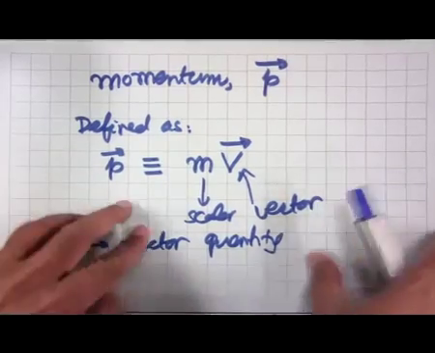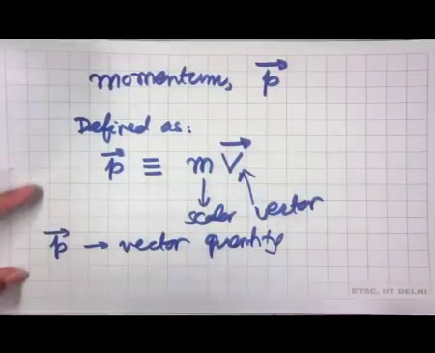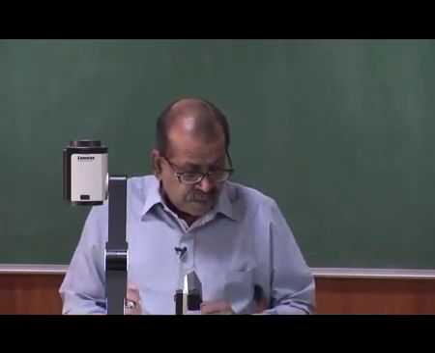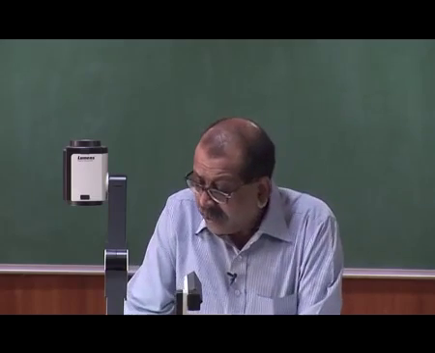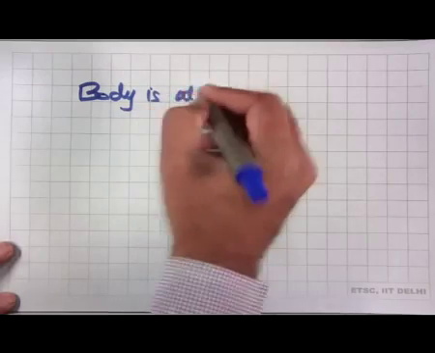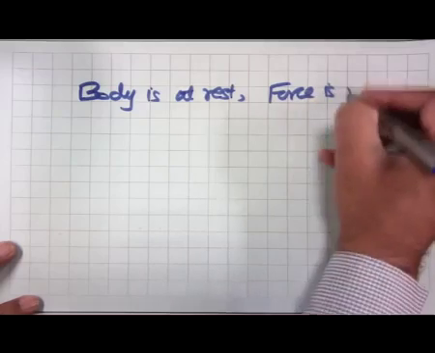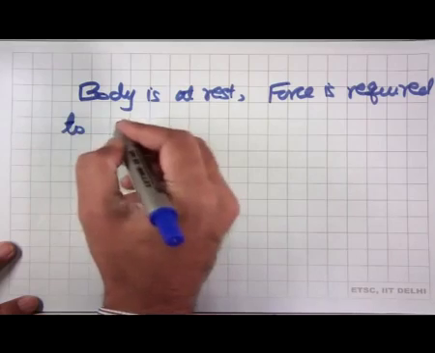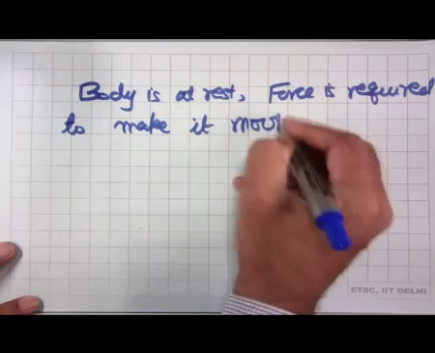Now, let us start looking at the laws of motion. This definition of momentum we have seen, we will be using it when we come to our laws of motion. Now, what we observe is that if a body is at rest, then a force is required to make it move.